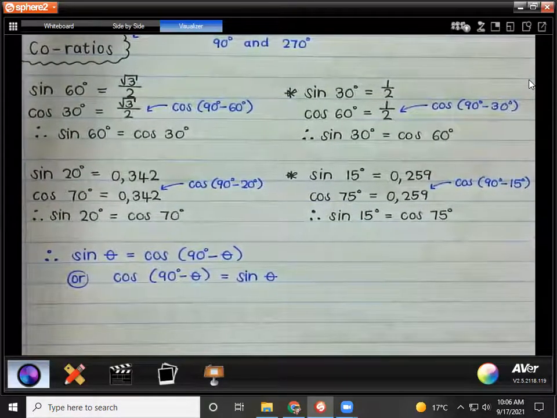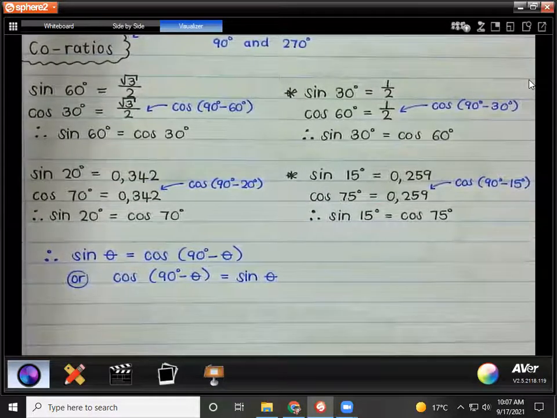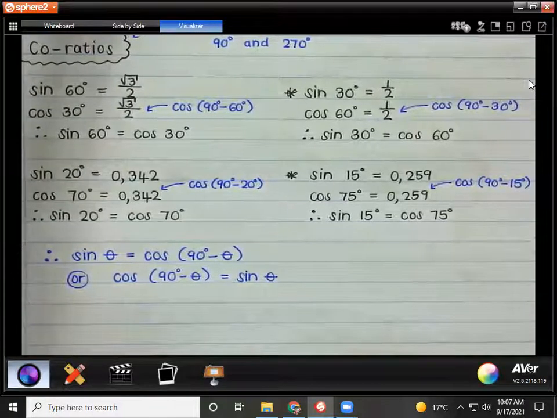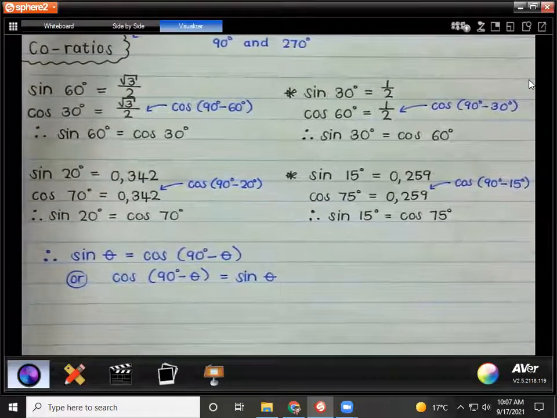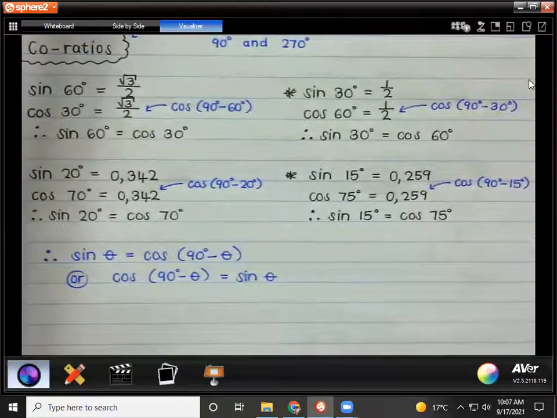I took that first line and literally just swapped the two sides around. That is what we're going to be doing when we work with reduction formulas. Whenever you see a 90 minus or a 90 plus or 270 minus, 270 plus, if it was a sine, you have to change it to a cos. If it was a cos, you have to change it to a sine.